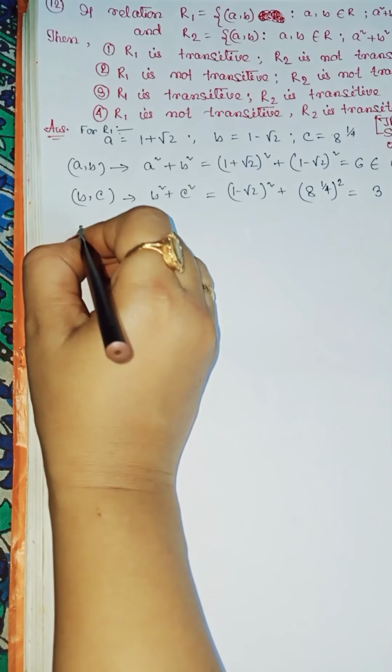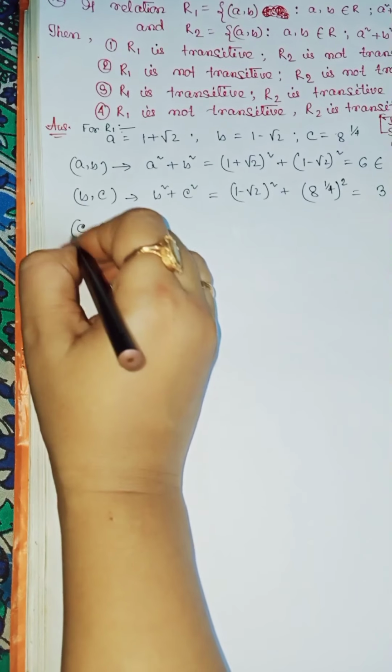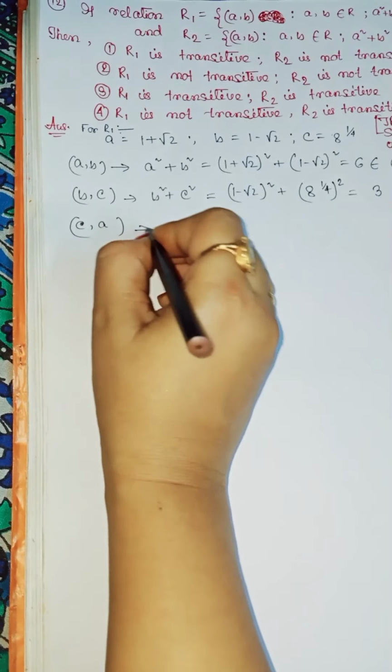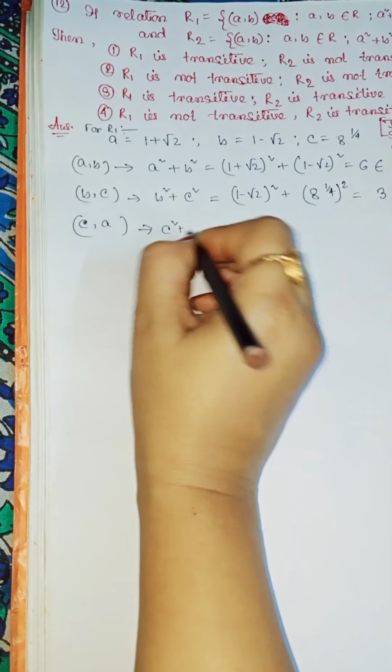And once again (c, a) or (a, c) is c square plus a square.